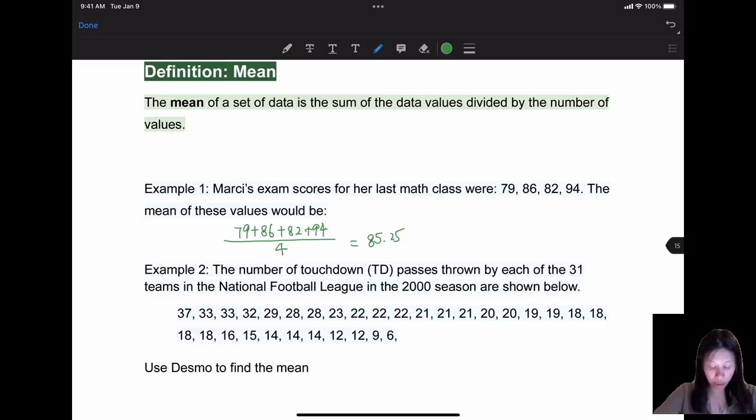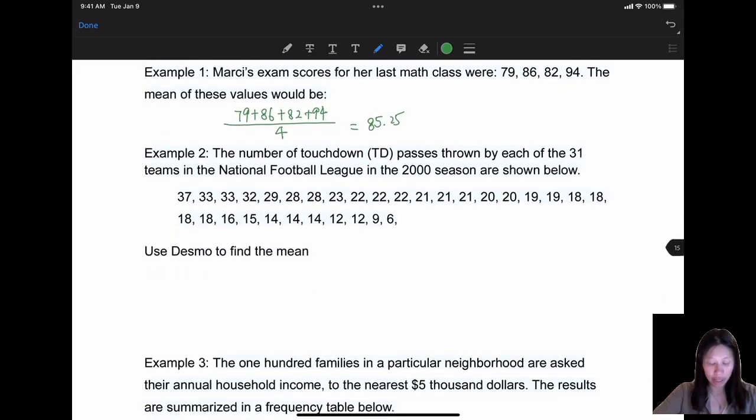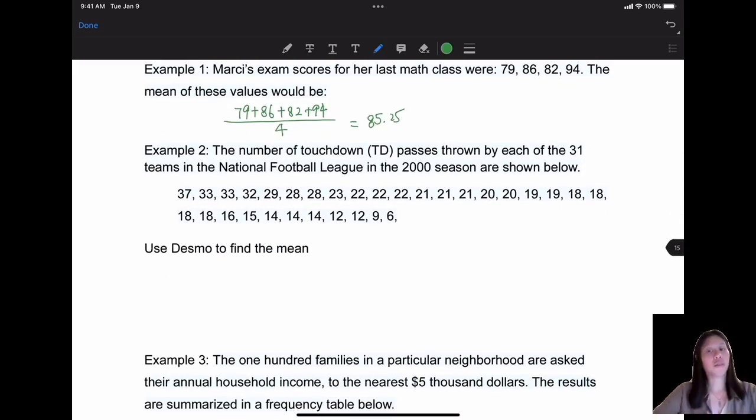So another example is the number of touchdown passes thrown by each of the 31 teams in the National Football League in the 2000 season, shown below. That's the touchdown score, and this time I want to use Desmos to find the mean, which is very interesting. Let me show you.